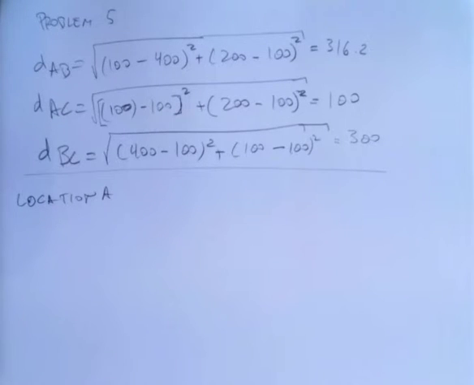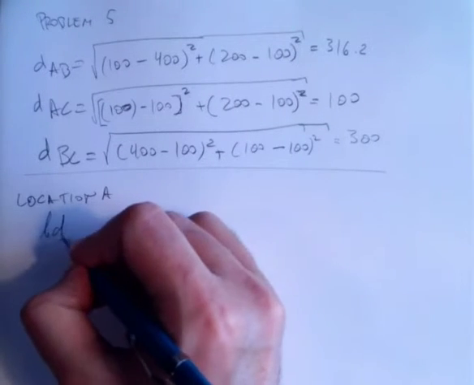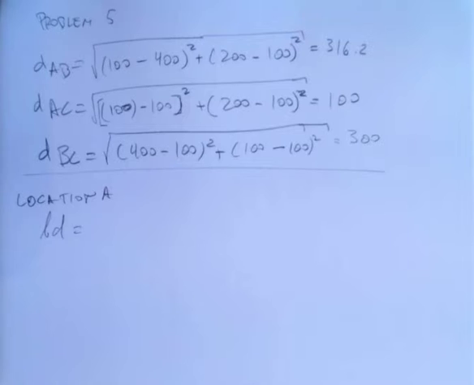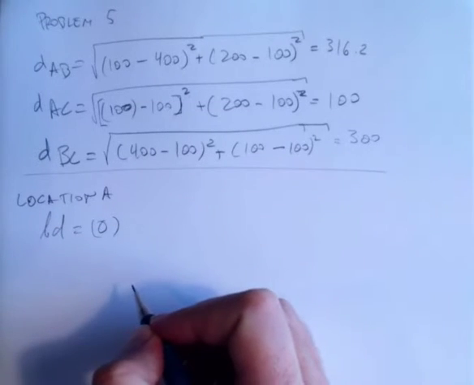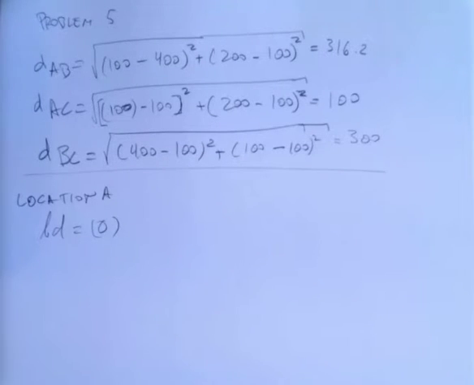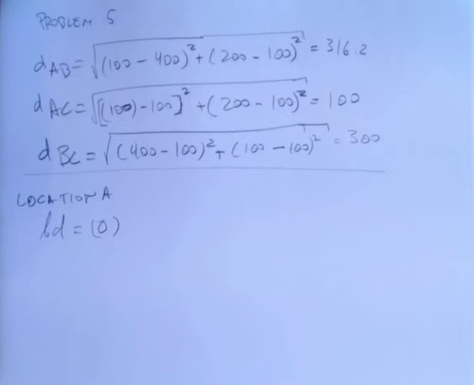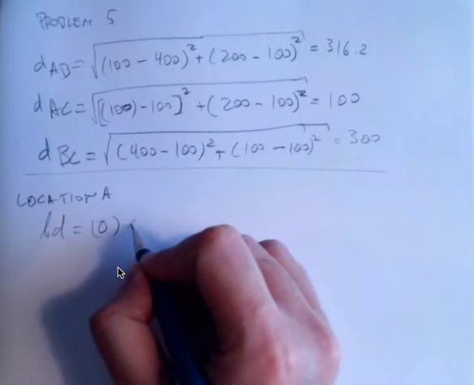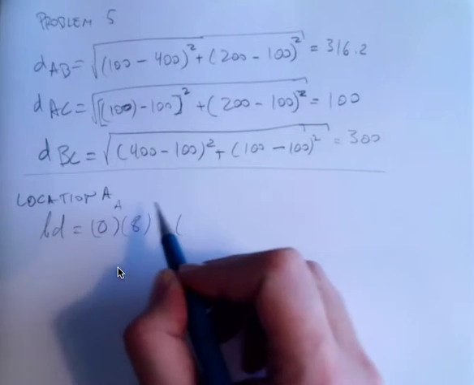So I'm going to calculate the load distance, which is LD, to put in location A, multiplying the distance between A and A, in this case 0, times the load between A and A, right? And going back to the problem, the load is going to be the deliveries per day. So it's going to be 0 times 8.